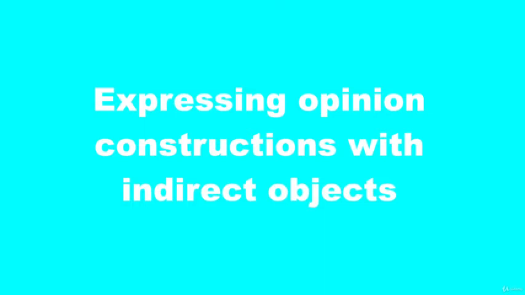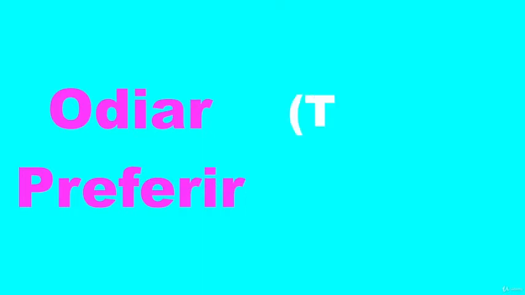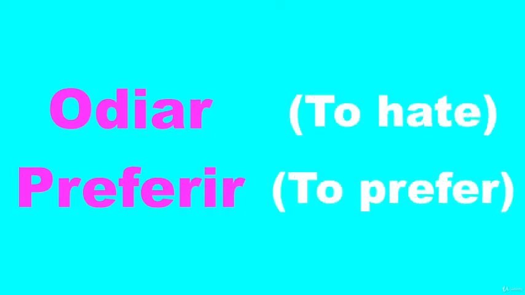In Spanish, there are verbs expressing opinion or taste like odiar or preferir that are conjugated in a normal or regular way. Yo odio a Juan. I hate Juan. ¿Tú prefieres café?